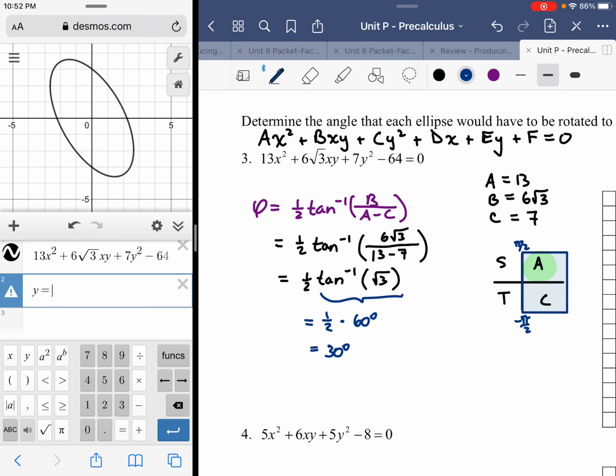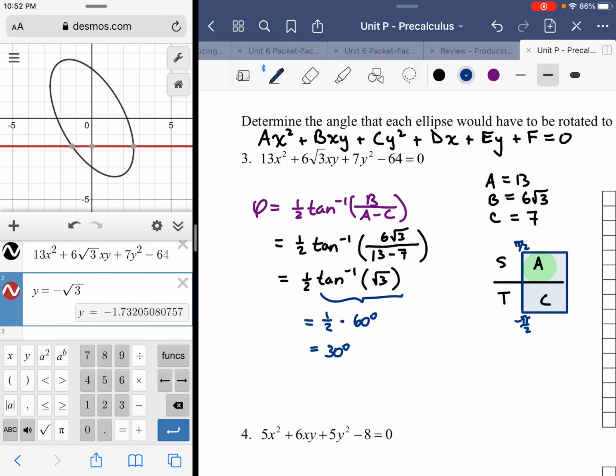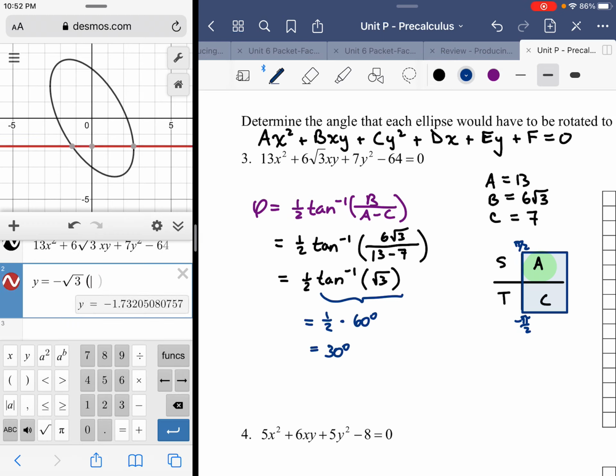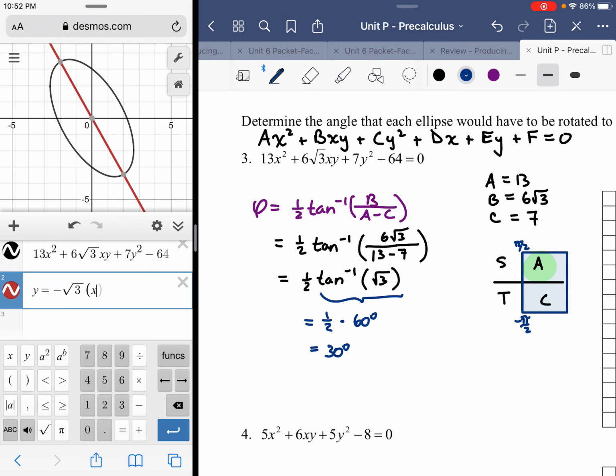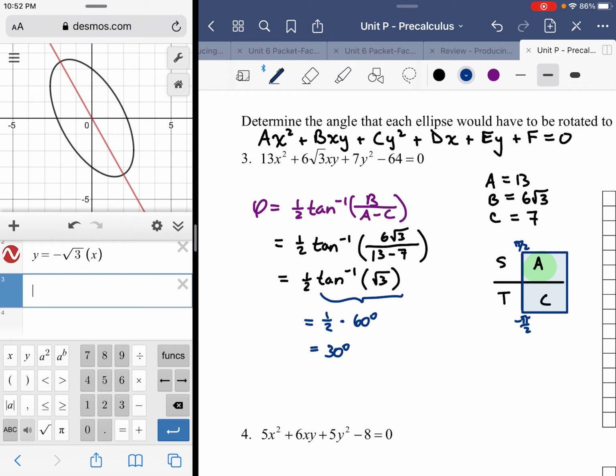So change in y over change in x, negative radical 3, x, just going through the origin. So this would be a 30-degree rotation off of the y-axis.